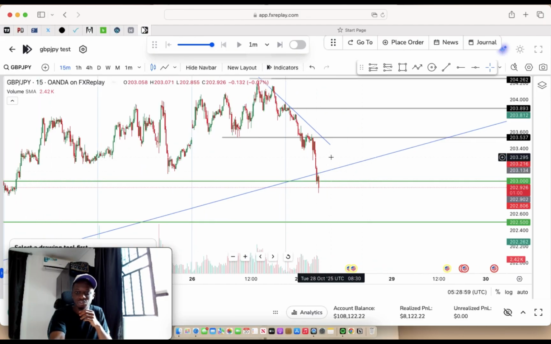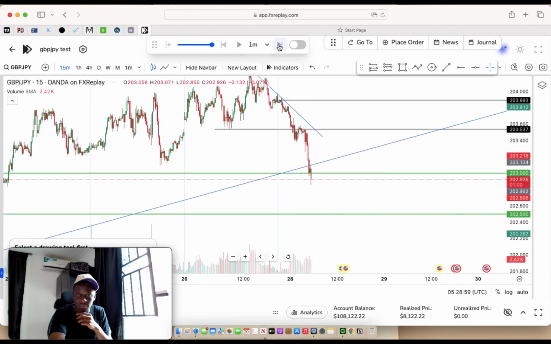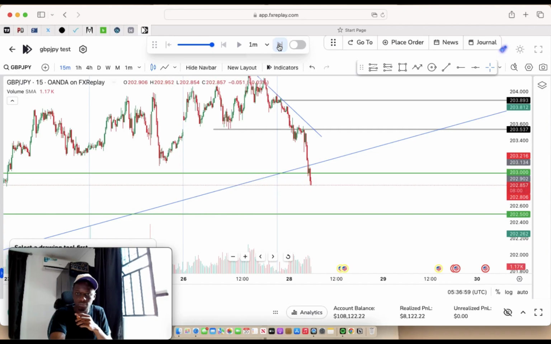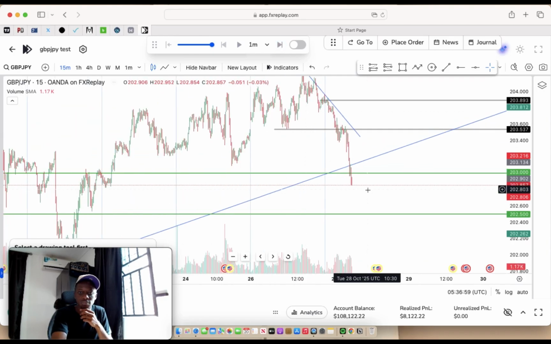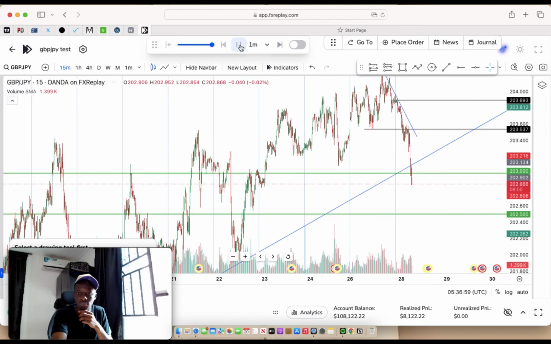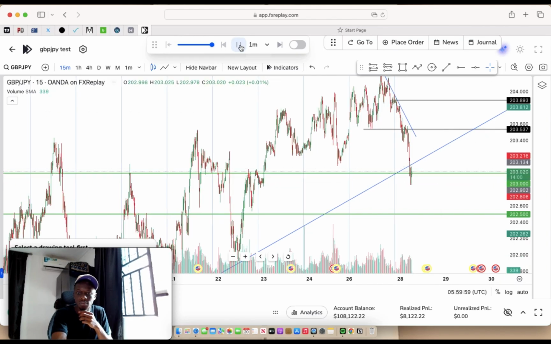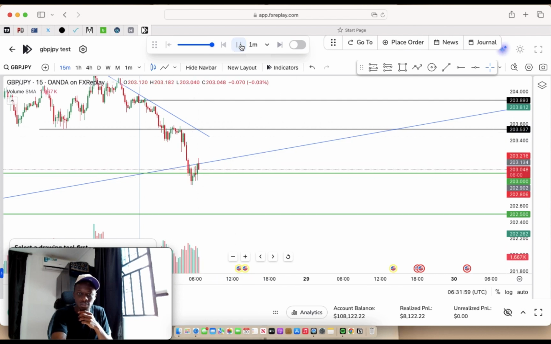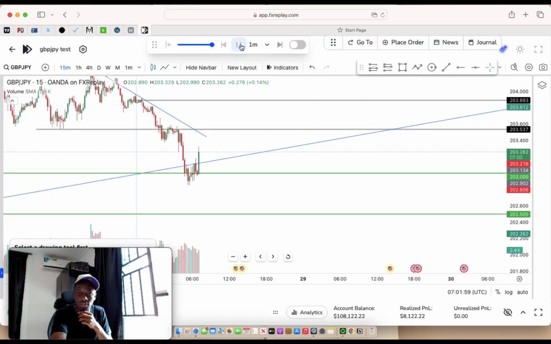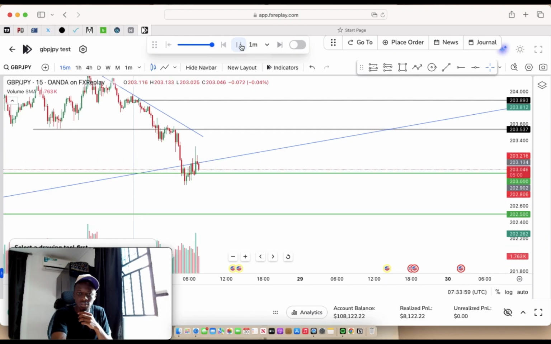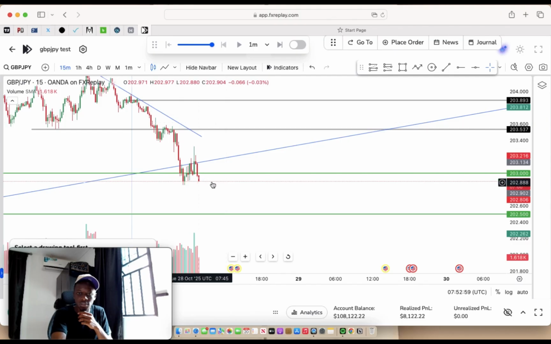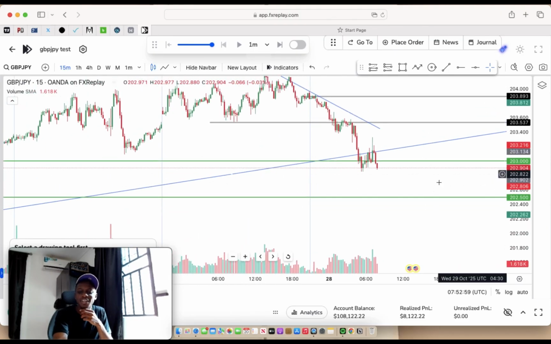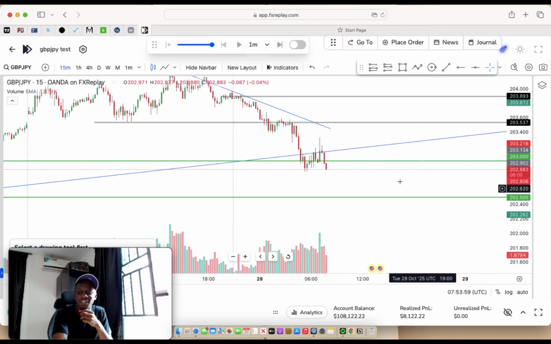Until this level, expect retracement, but it's very intense. I like this, yeah. I like this. This is good.